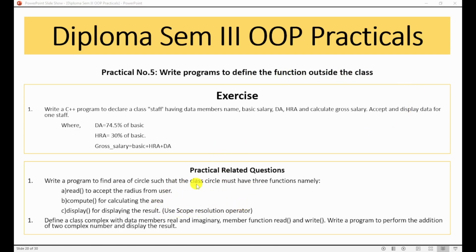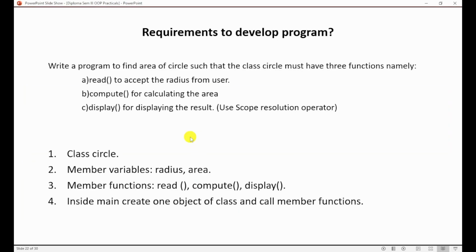So let us understand the structure of this program. First we have to create a class circle, and the member variables we have to define will be radius, the radius of the circle, and as we are calculating the area of the circle, we need one more variable, area. So radius and area will be the member variables.